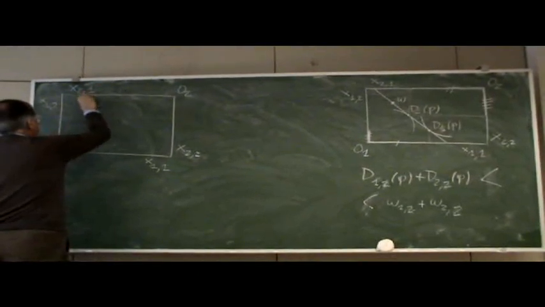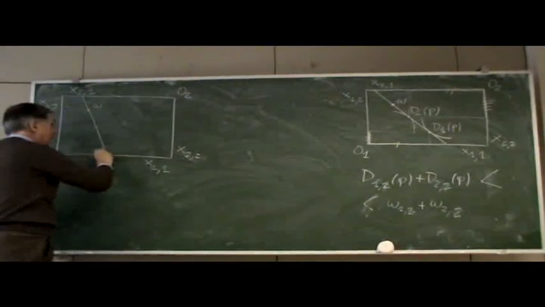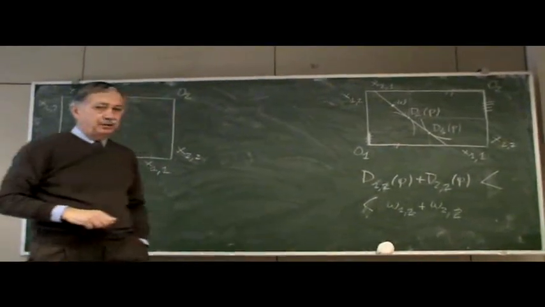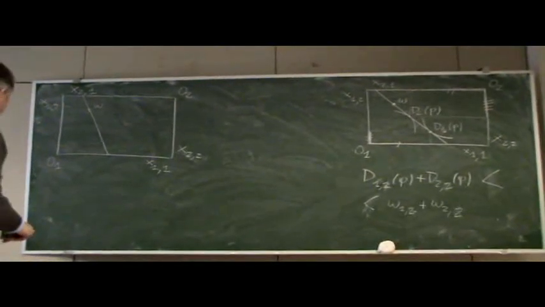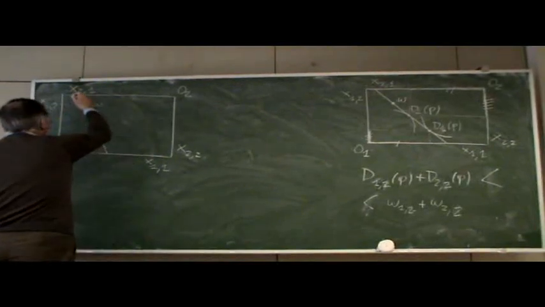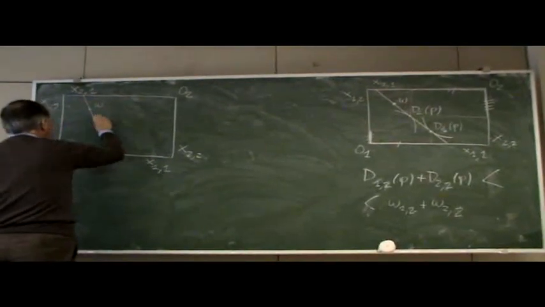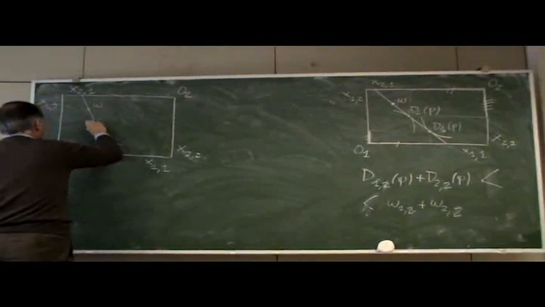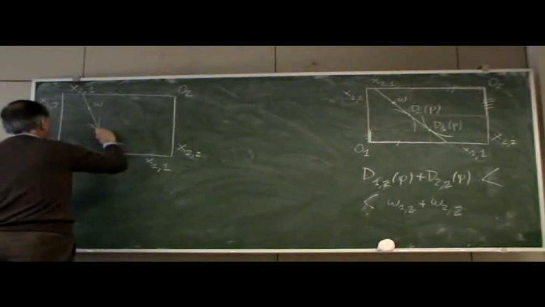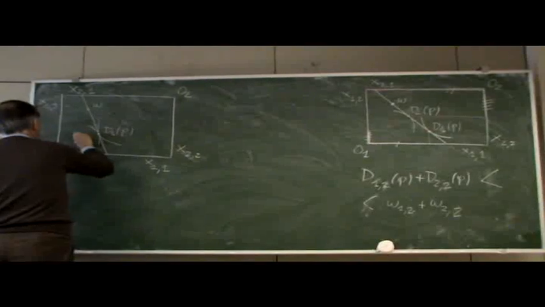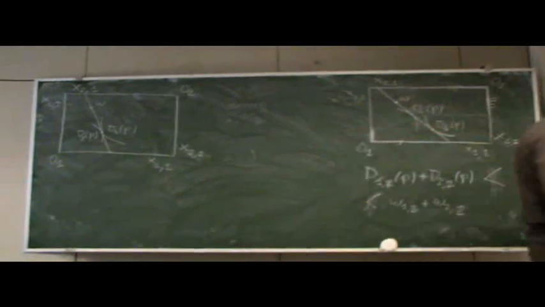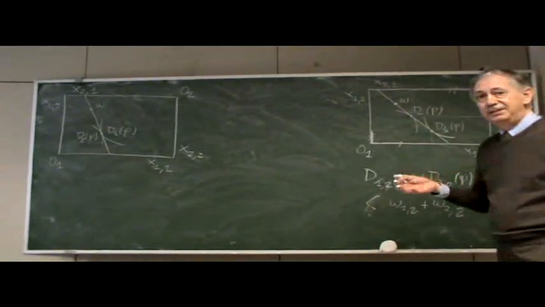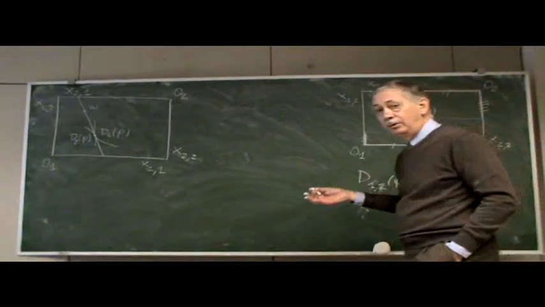The price system is changed according to the rule that, since there is a positive excess of demand of good 1, the price of good 1 is increased. And suppose that according to this alternative price system, the optimal points graphically coincide. So this same point represents both D1 of P and D2 of P. Well, it is clear that if this is the situation, we are in equilibrium.